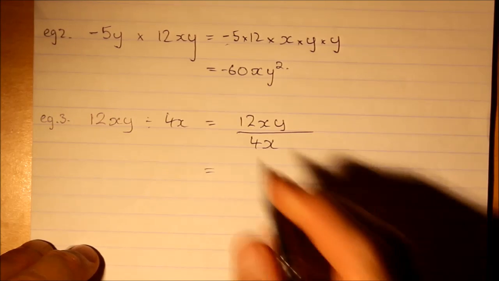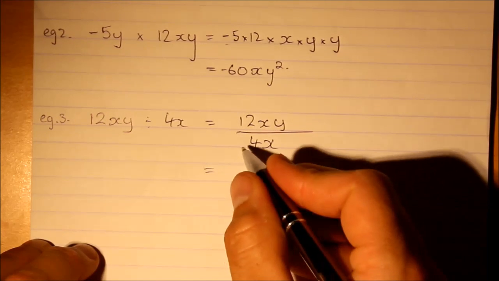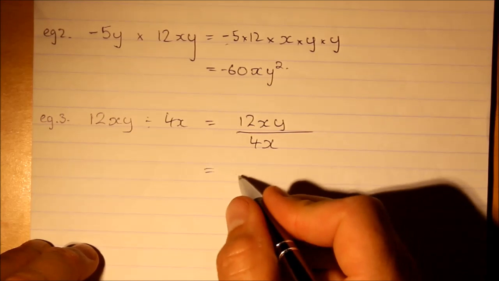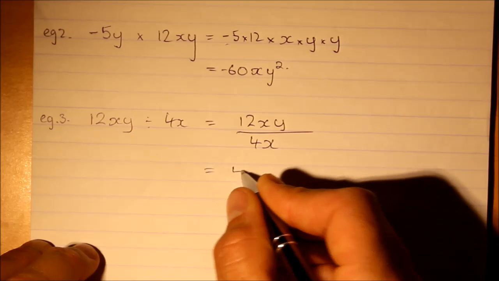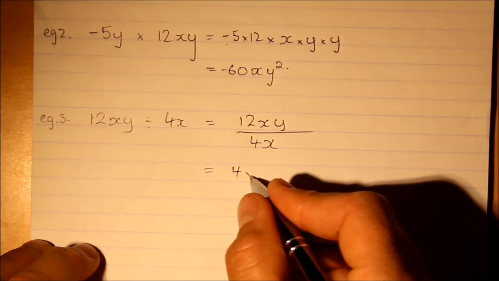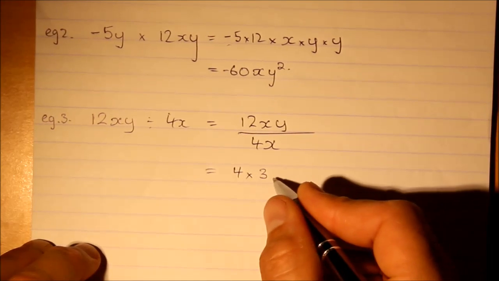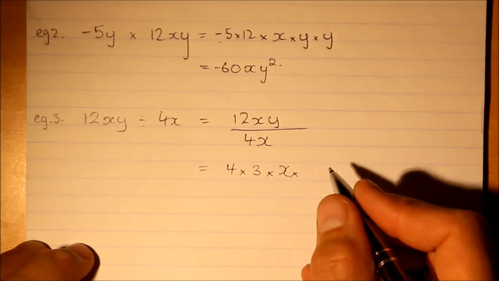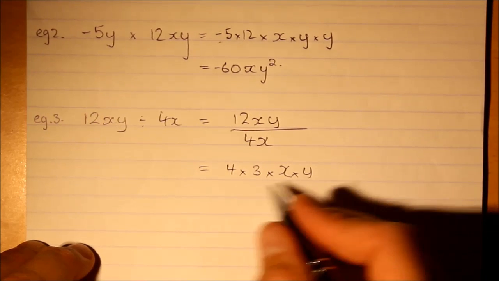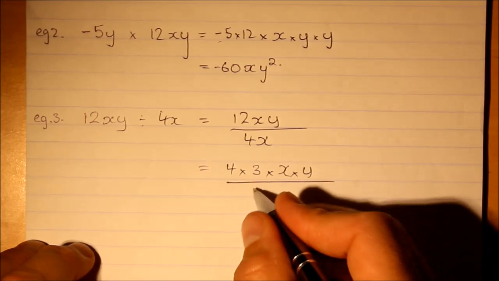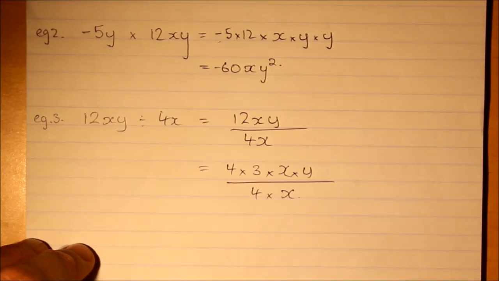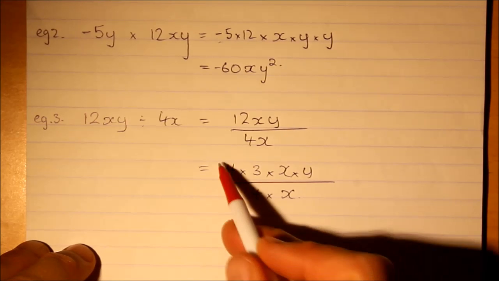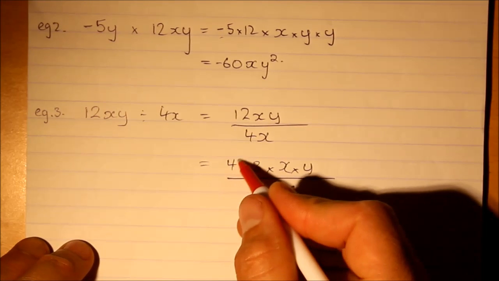By that I mean break it up into its factors. You don't have to go right down to prime factors, but break it up into useful factors. What do I mean by that? Well, here we can see that these 4's cancel.